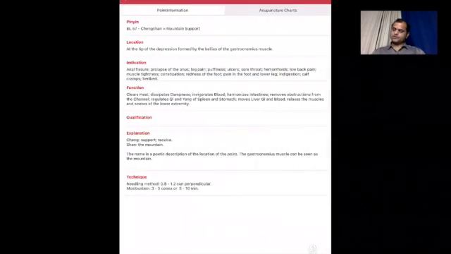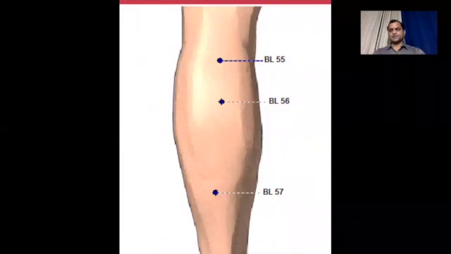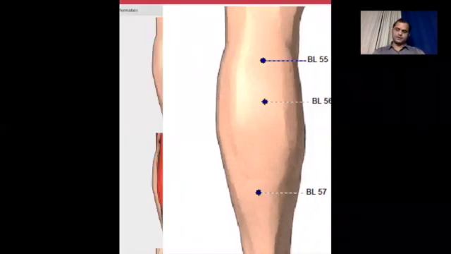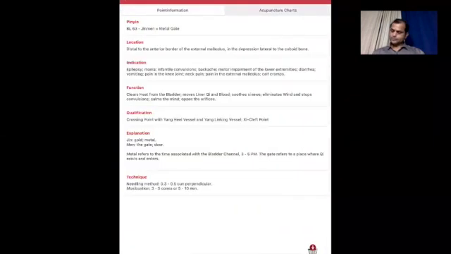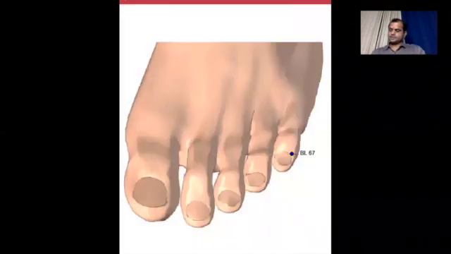We can even see the calf muscle. It is supplying the back part of the leg. It is not supplying the front part of the leg. And finally, it is ending in the small toe.